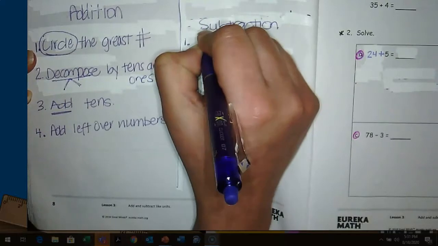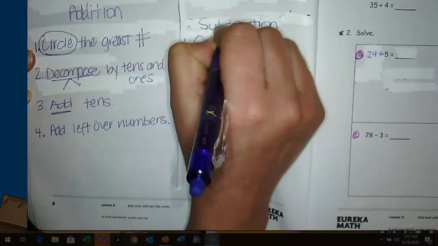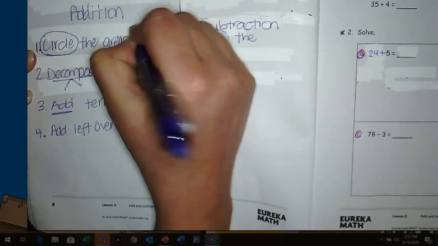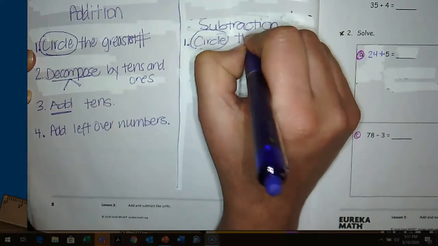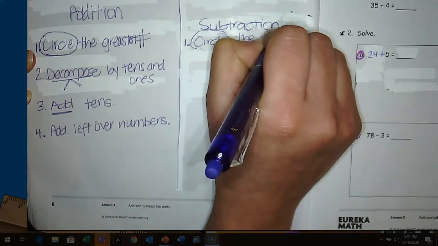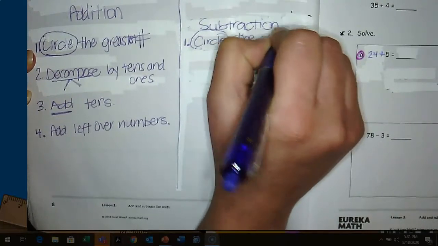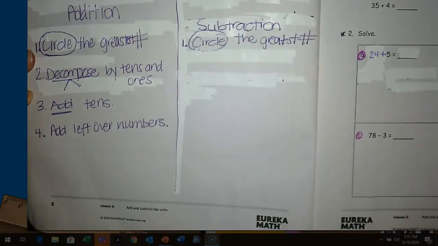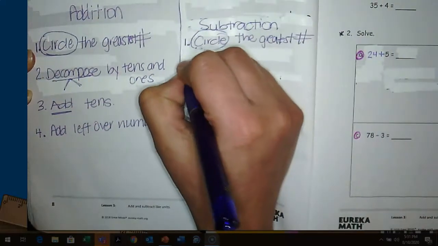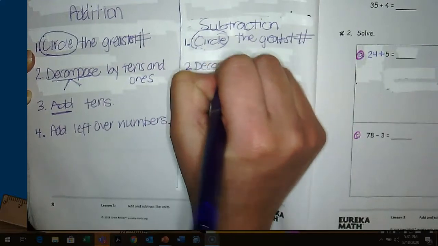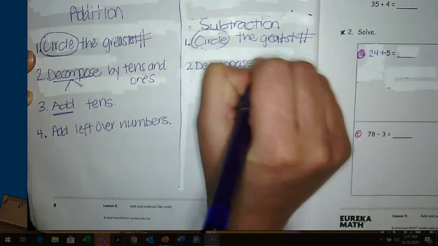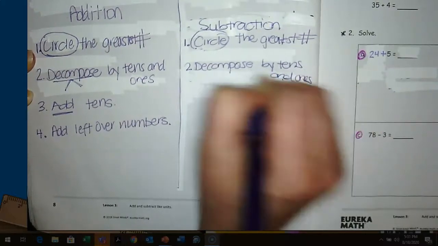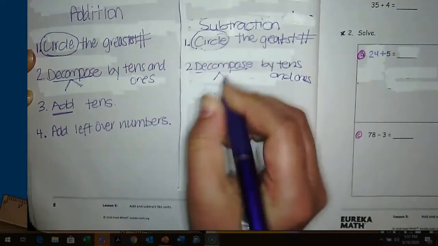Step 1 is I circle the greatest number, which is the biggest number. Step number 2 is decompose by tens and ones. Remember, another word for decompose is break apart.